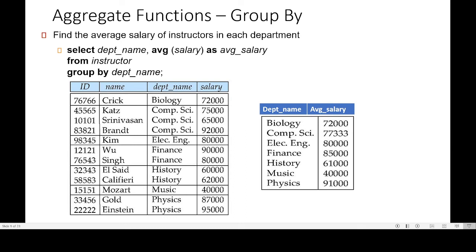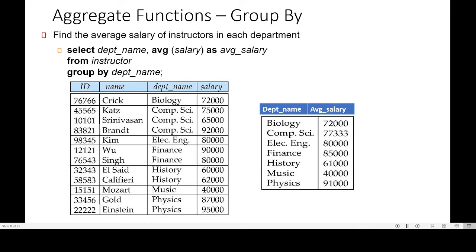Here we can use the group by statement. In the select clause, whichever column names you want to display in the result, you give there. So select department name, comma, then we use average, which is an aggregate function.